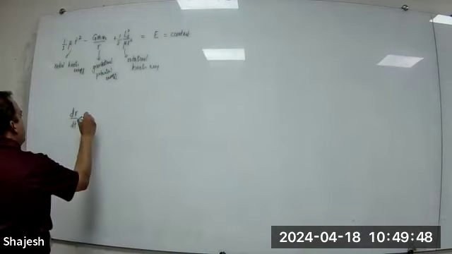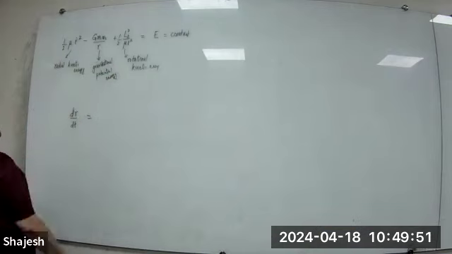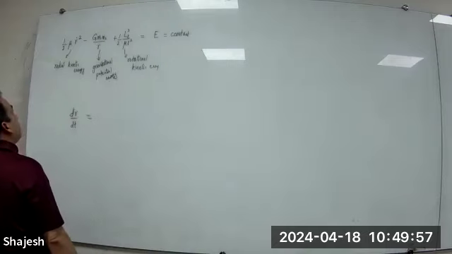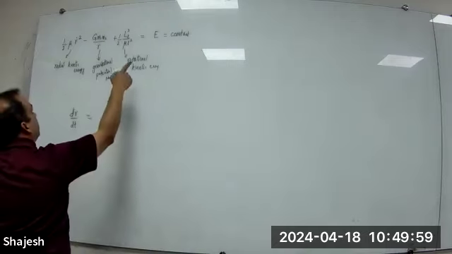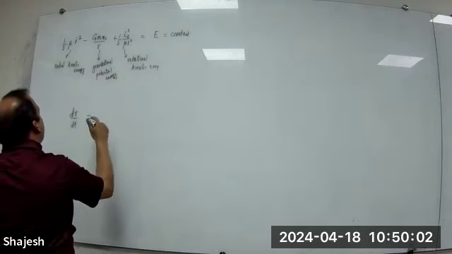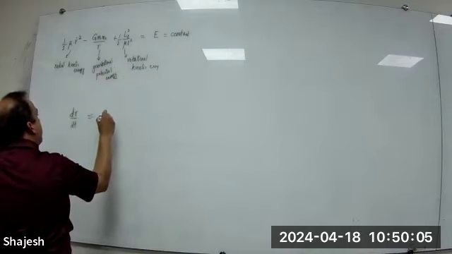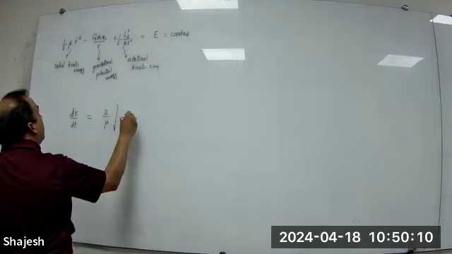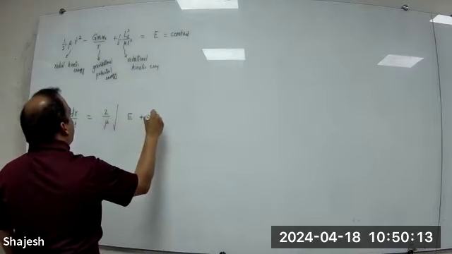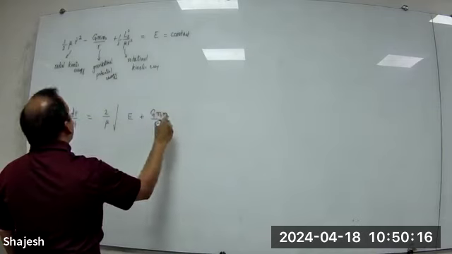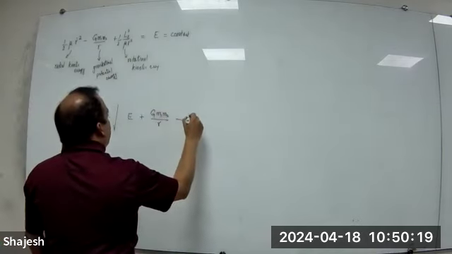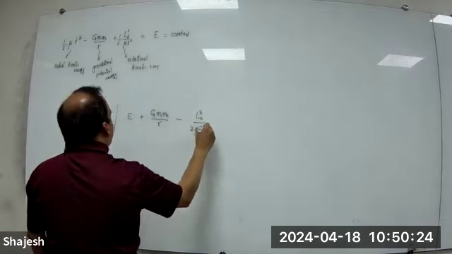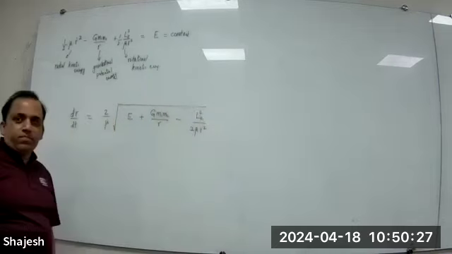I'm going to do a few things: multiply by 2 everywhere, and divide by mu, so it's 2 over mu, square root of E plus, minus of L V square. Stay with me.